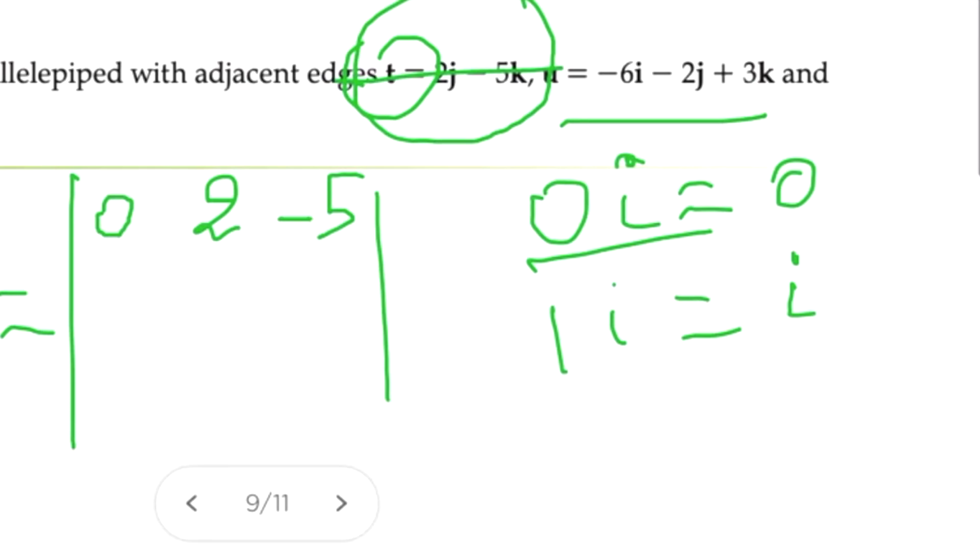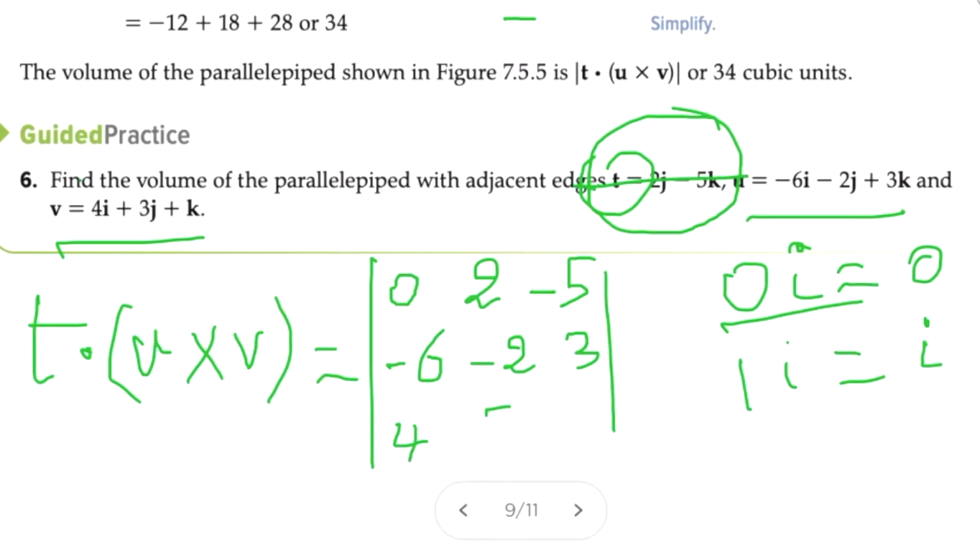We go to the second vector, -6, -2, and 3. We go to the next vector, 4, 3, and 1. Now we just calculate.